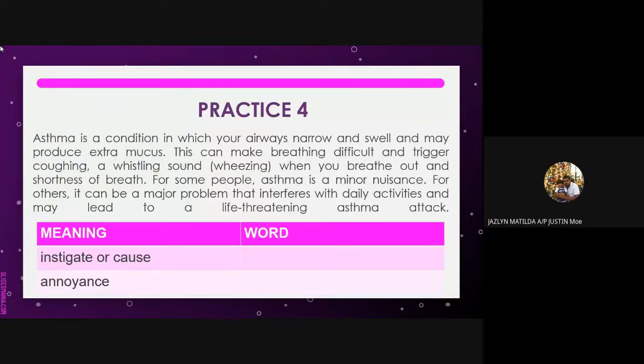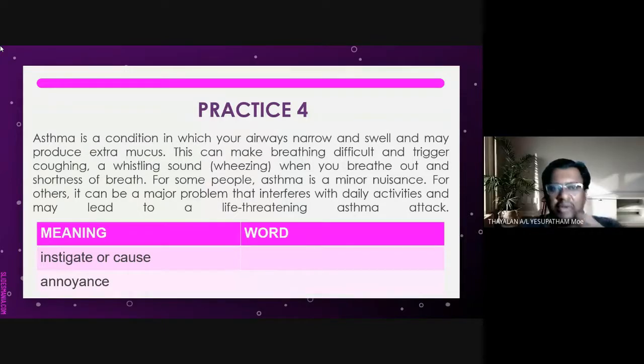This can make breathing difficult and trigger coughing, a whistling sound, wheezing when you breathe out, and shortness of breath. For some people, asthma is a minor nuisance. For others, it can be a major problem that interferes with daily activities and may lead to a life-threatening asthma attack.